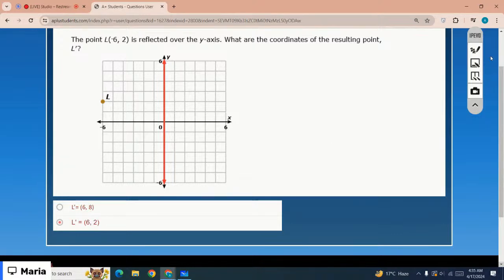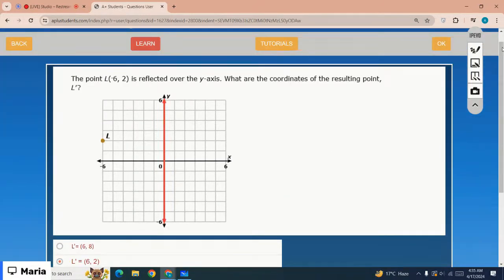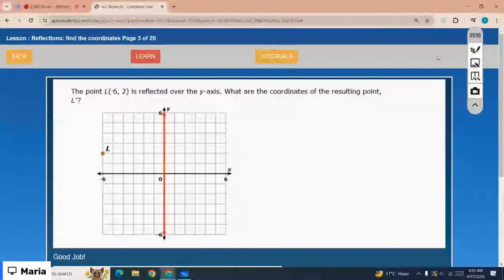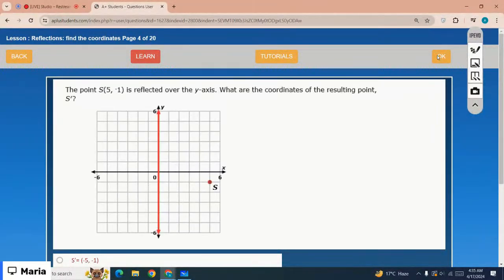Option number 2 is the correct option. The point S 5, negative 1 is reflected over the y-axis.